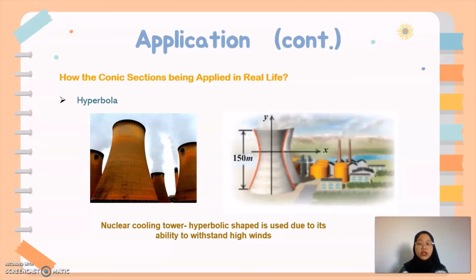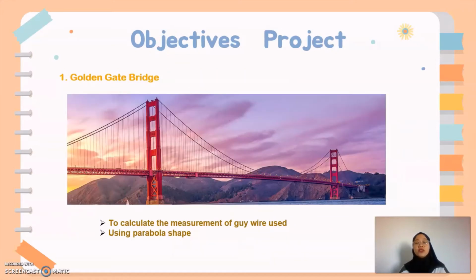This nuclear cooling tower uses a hyperbolic shape because the shape has the ability to withstand high winds. For our project, we chose the Golden Gate Bridge and Hale-Bopp Comet.